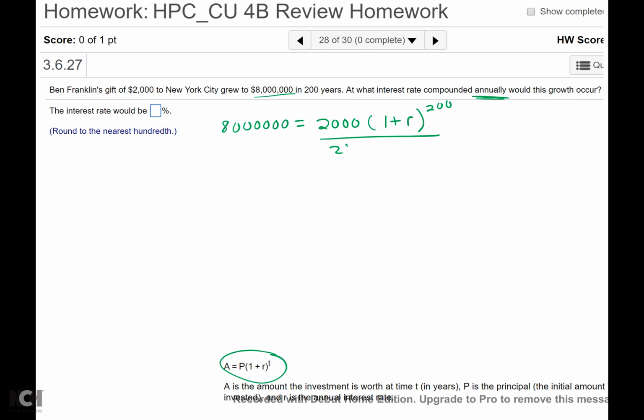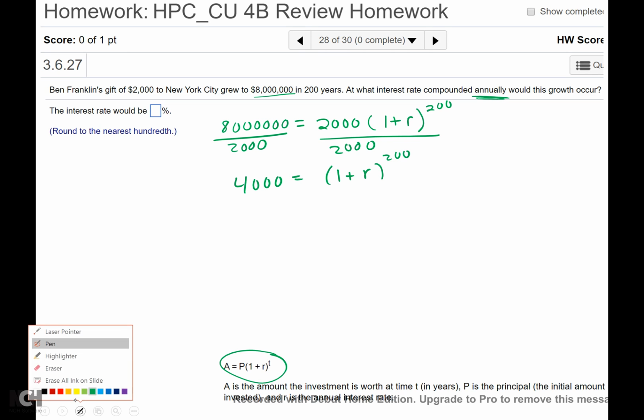So we're going to isolate. I'm going to divide by 2,000, 8 million divided by 2,000, equals 1 plus r to the 200. Alright, to get our rate, I'm going to have to take the 200th root.